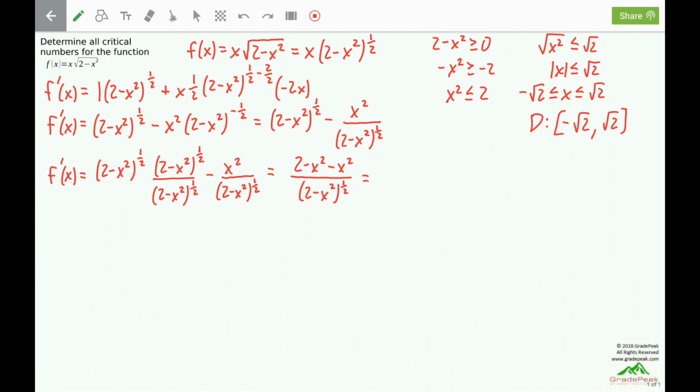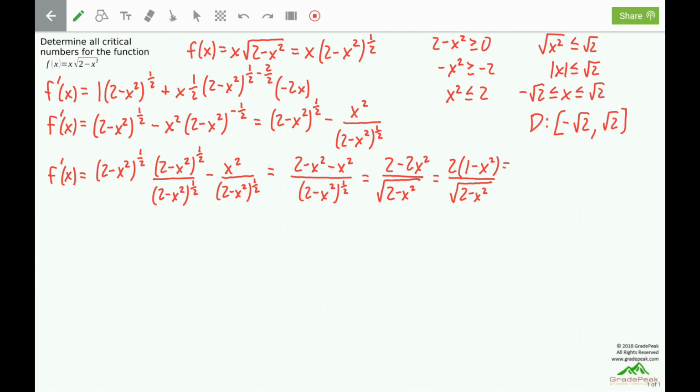We can combine like terms together in the numerator. 2 minus x squared minus another x squared is minus 2x squared. In the denominator, 1/2 power can be rewritten as square root. And one more thing, we can factor a 2 out in the numerator. And there is the simplified version of the derivative.